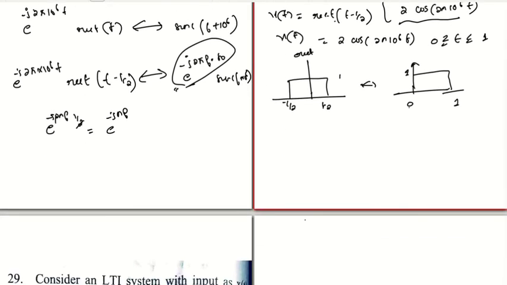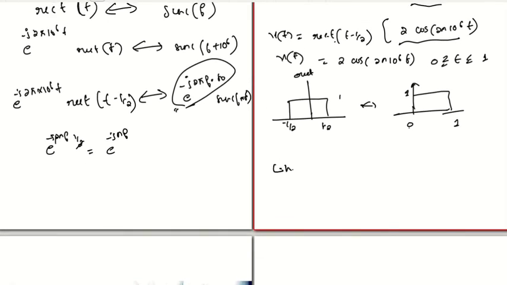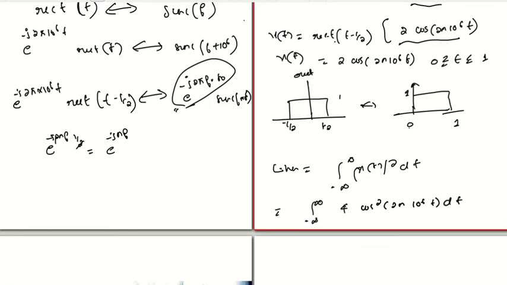What is the formula for energy? Energy equal to integral minus infinity to infinity x of t the whole square dt, right? So that is equal to integral minus infinity to infinity, instead of x of t the whole square we are going to write 4 cos square 2 pi into 10 raised to 6 t dt.